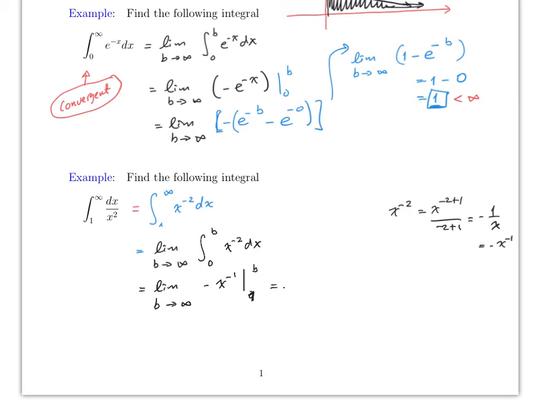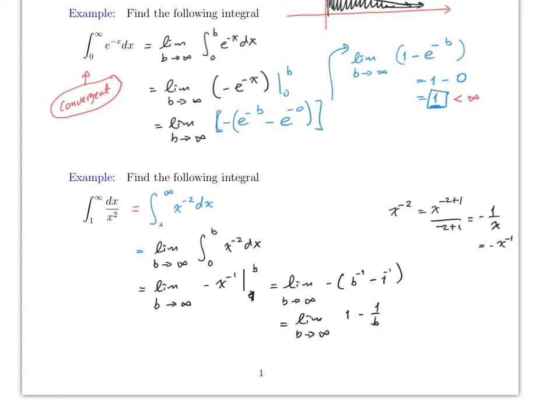So in this case, this will be the limit as b goes to infinity of minus b to the negative 1 minus 1 to the negative 1, which in this case will be just the limit as b goes to infinity of 1 minus 1 over b.